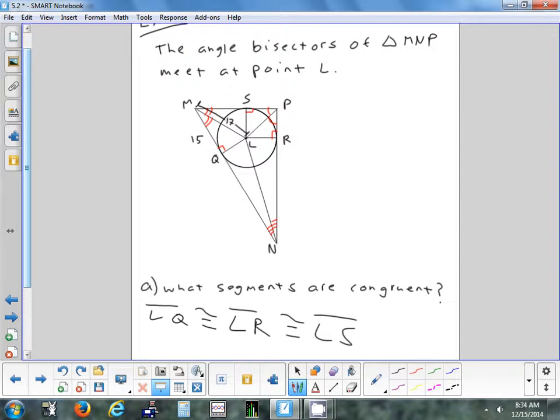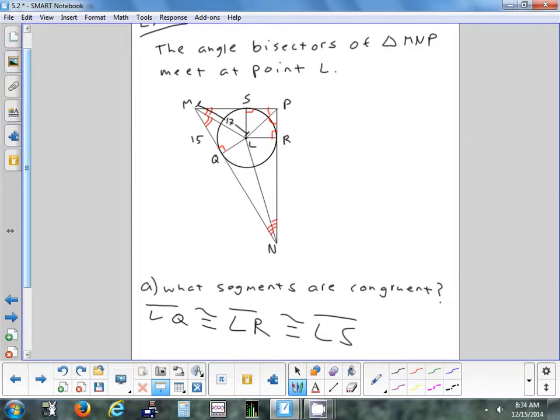How about, let's look at it the way we did with the circumcenter problem. How about the distance from each vertex to L? Would NL, PL, and ML, are those congruent this time? What do you think, Selena? No, not this time. That only works for the circumcenter.